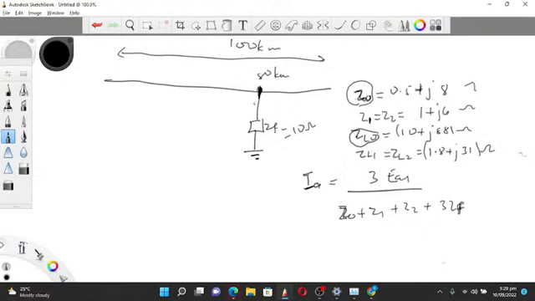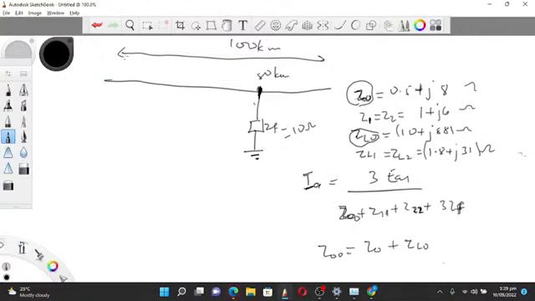So all you have to do is to add the sequence impedances. That will give you your overall. So then write 00, 11, 22, so that it won't confuse anyone. Here I want Z00. I'll just do Z0 plus ZL0.